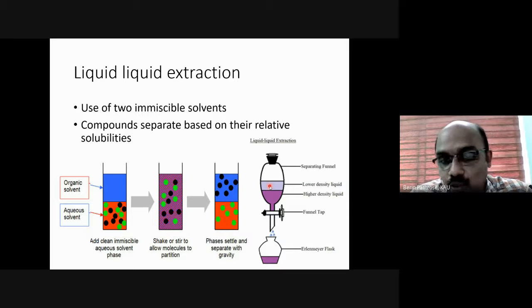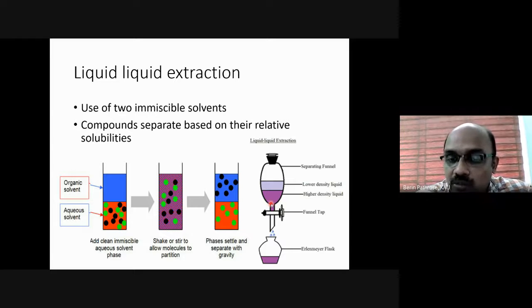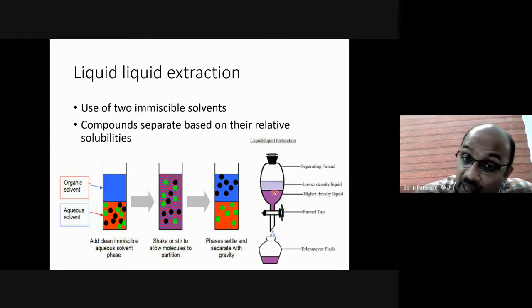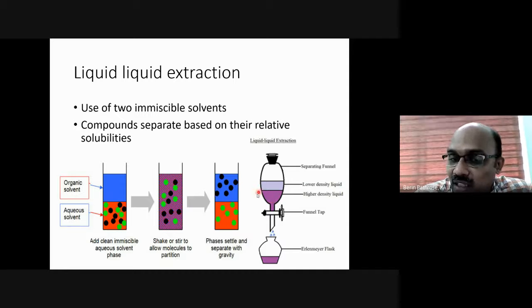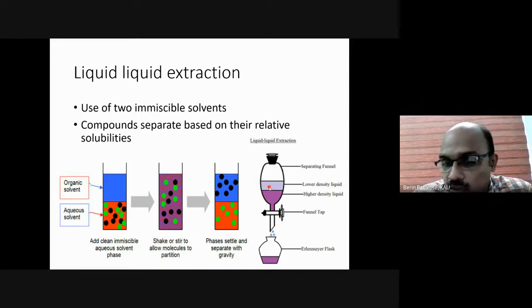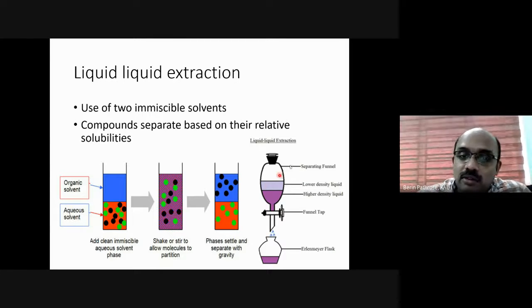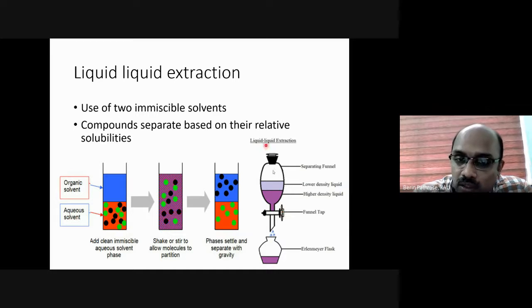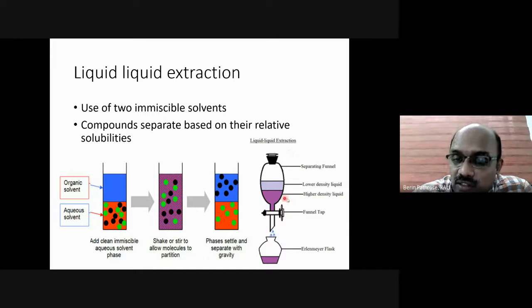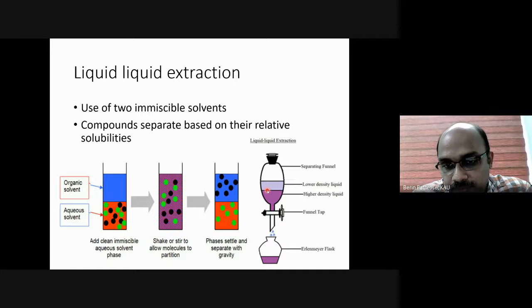Dichloromethane is such a solvent. Dichloromethane and water will form separate layers. Dichloromethane has the higher density, so it will be at the bottom, and water, because of its lower density, will be at the top. So we'll close the knob, remove the stopper, first add water, then add dichloromethane.